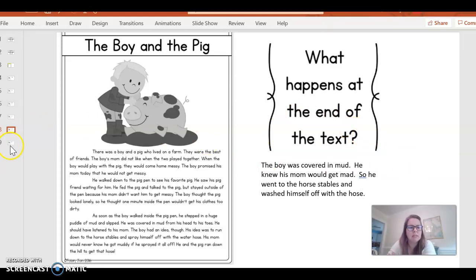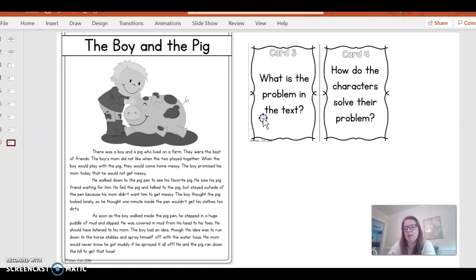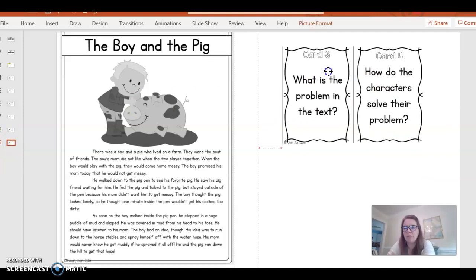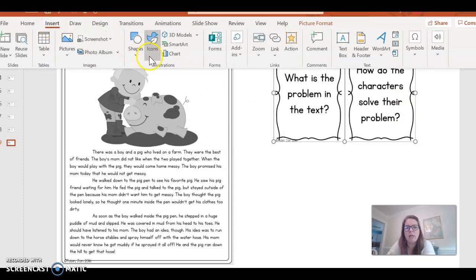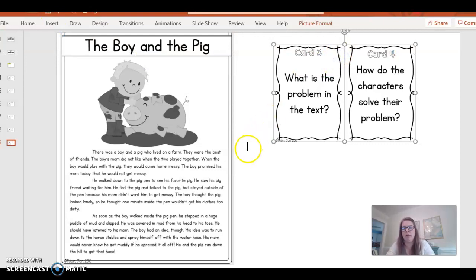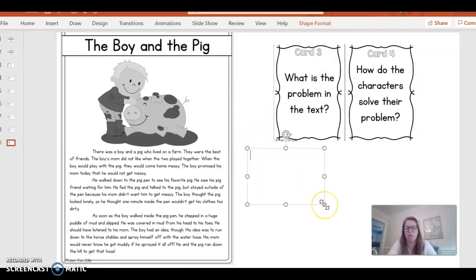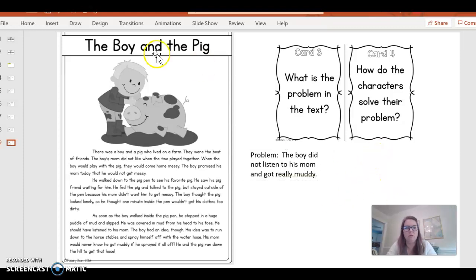Okay, so let's think about what our new question is for today. What is the problem in this story, and how did the characters solve this? So the problem in this story was that the little boy was covered in mud. So I'm going to put right here for the problem, the boy did not listen to his mom and got really muddy. Okay, so he knew he couldn't go home, right?